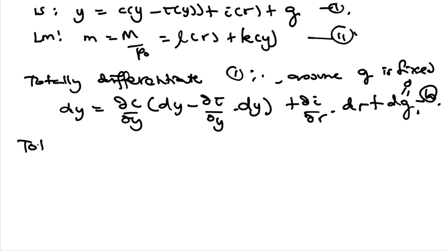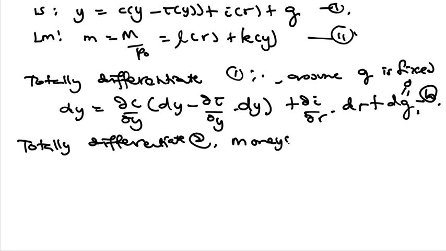Next, we need to totally differentiate 2. But at the same time, money supply can change. Last time we fixed money supply, but this time we can change it. So look carefully at the way I totally differentiate it, because this time money supply can change.